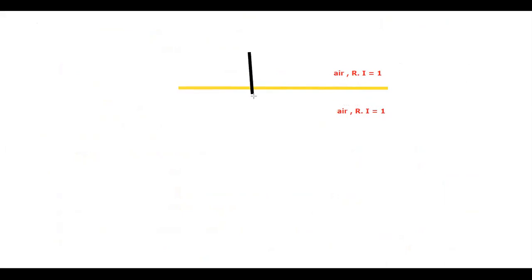If this is your normal and the light is incident at an angle of 45 degree, this is the direction of the incident ray, so this is your angle of incidence, which is 45 degree.